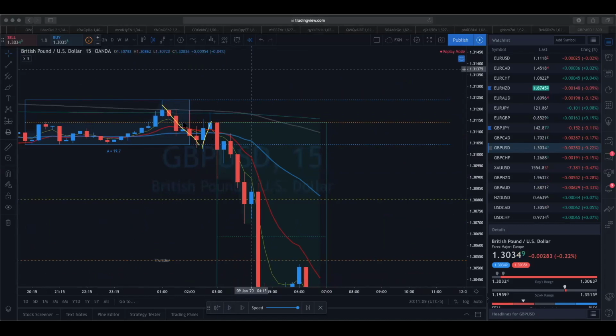Go down, come back up, stop in the middle of the range, and you drop. Notice how it conveniently stops in the middle of the range. But not only that, it pins to the 200 EMA. So you have the 200 EMA here, you have the 800 EMA going across as well.